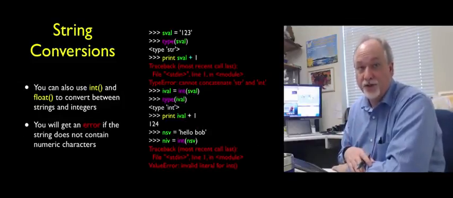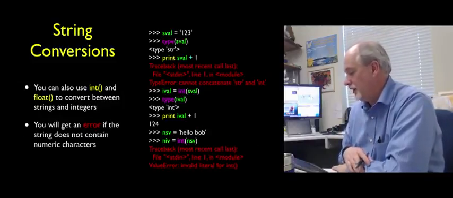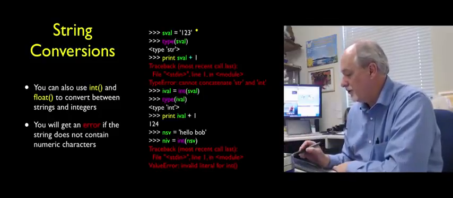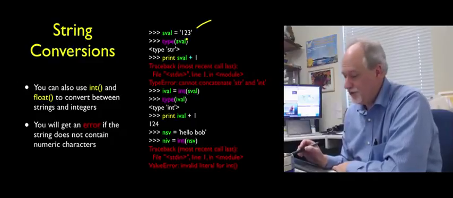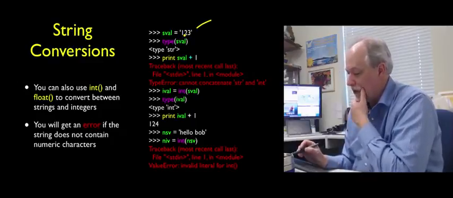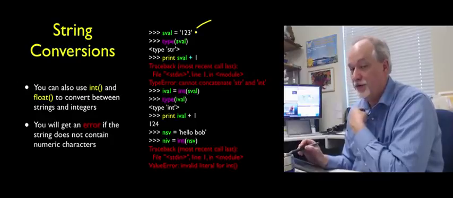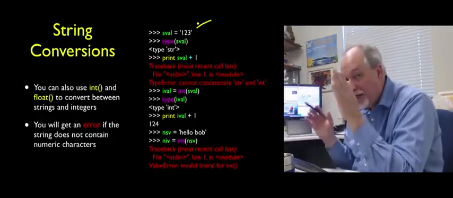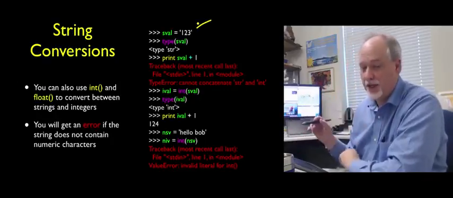You can also convert between strings and numbers. And if you recall, we did the example where we took a string. In this case, I'm being a little confusing because I'm making a string with the characters 1, 2, 3. Now this is not the same as 123. This is a 3-character string with 1, 2, 3 in it.